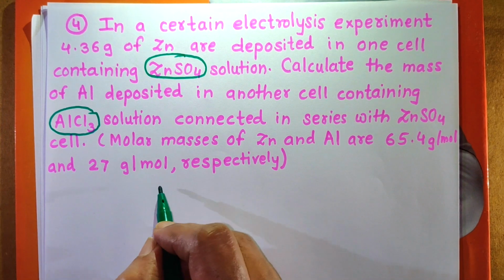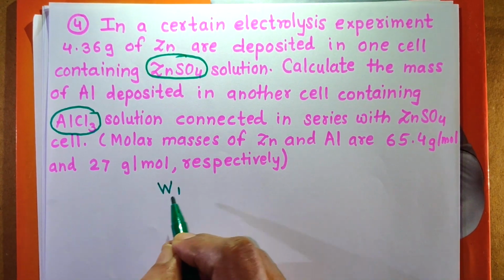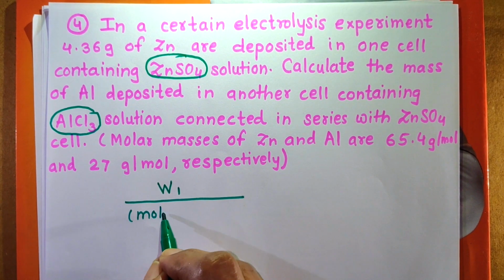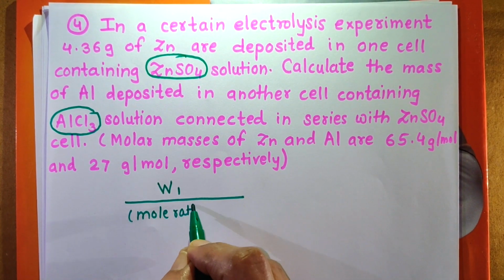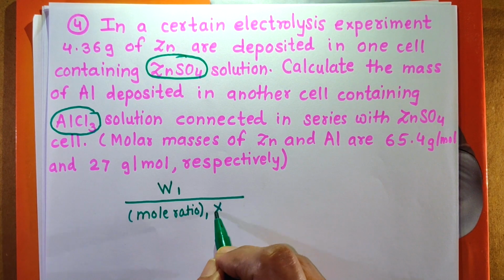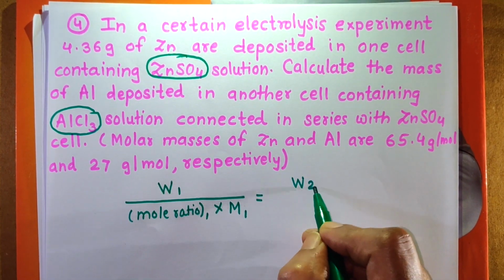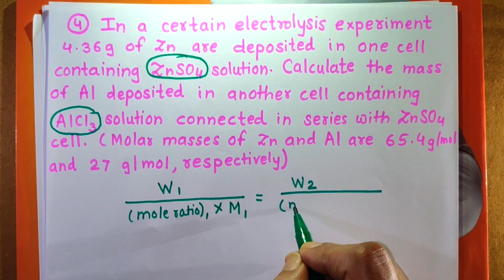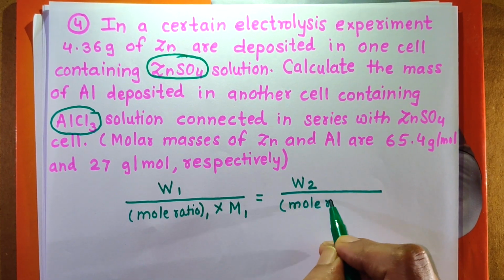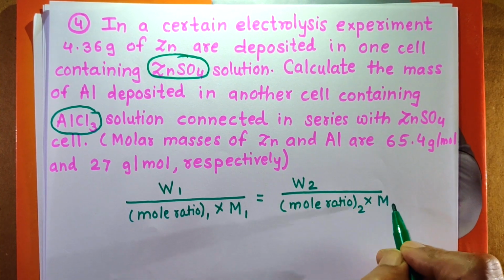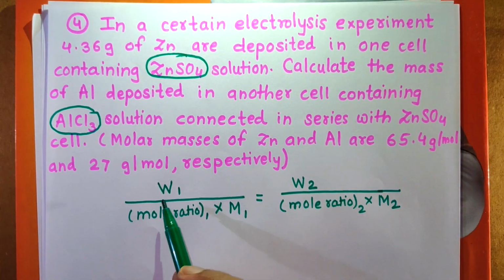You know this formula, W1 upon mole ratio 1 into M1 is equal to W2 upon mole ratio 2 into M2. What is W1?